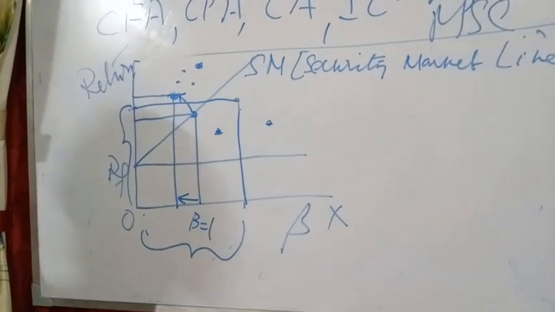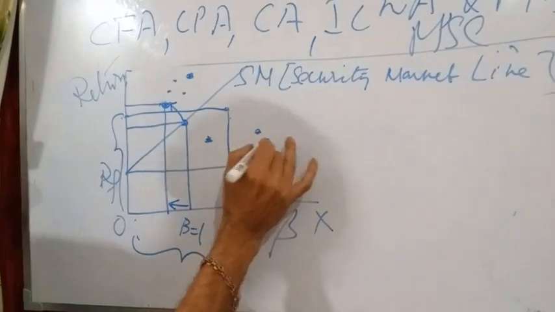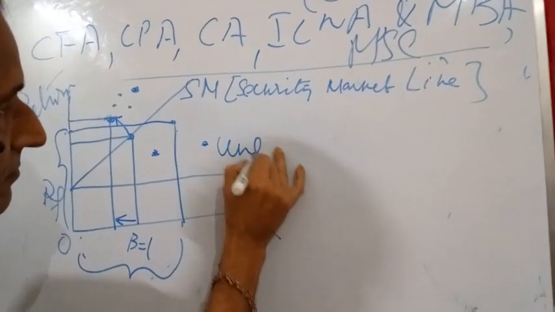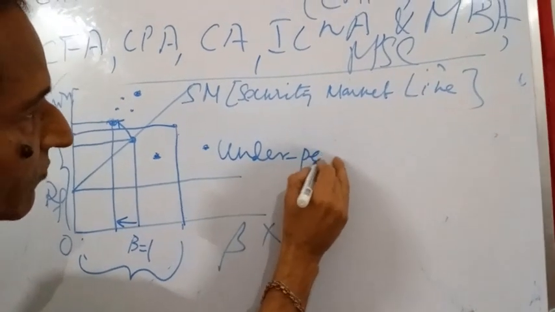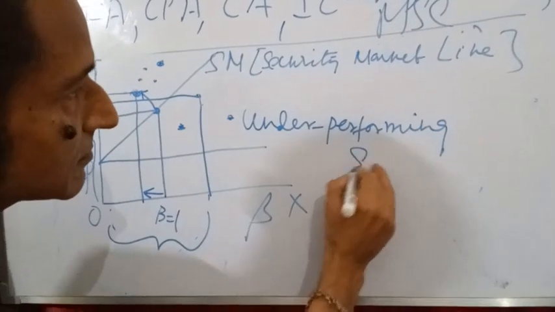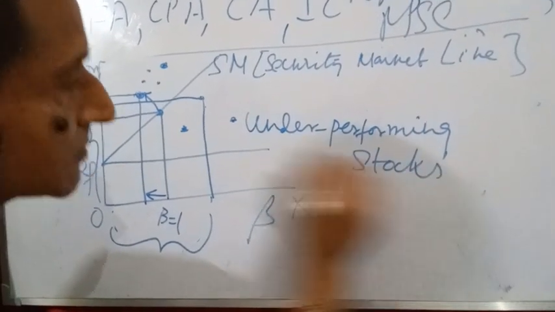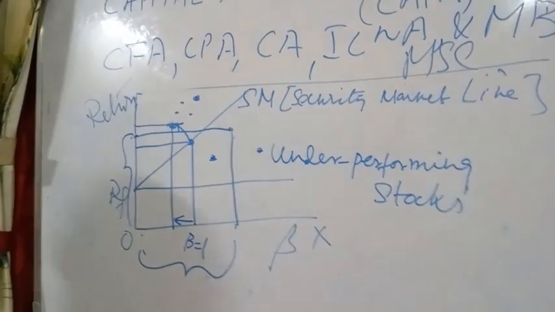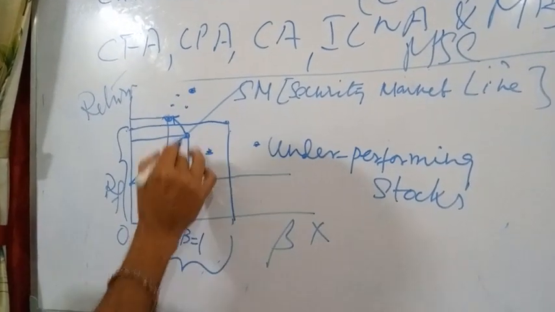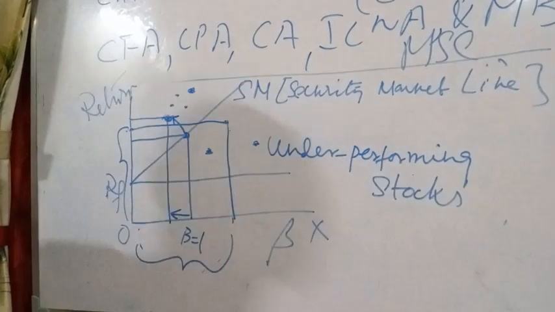So these stocks are underperformers or underperforming stocks. Stocks lying below SML and to the right of this line are underperforming stocks.